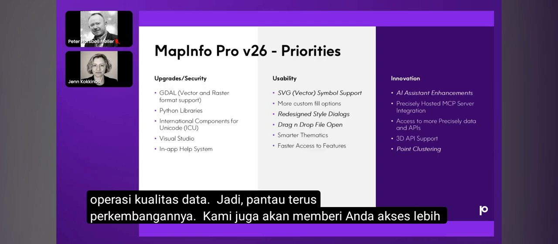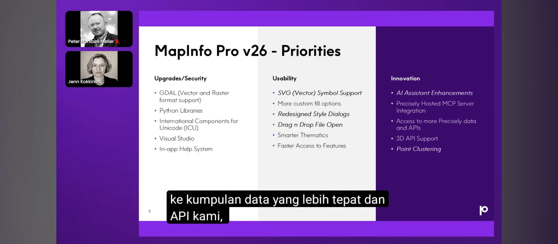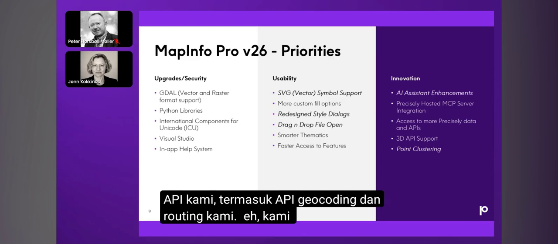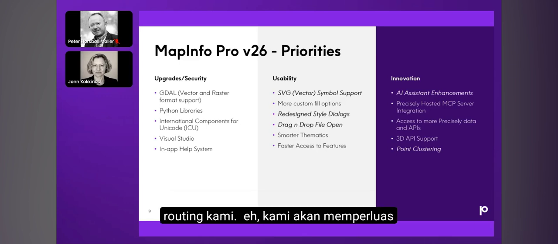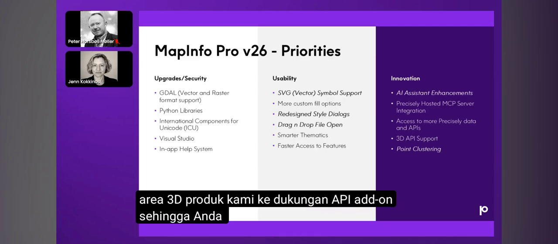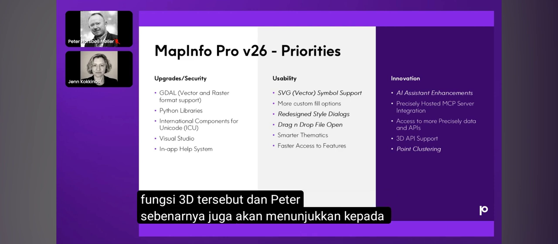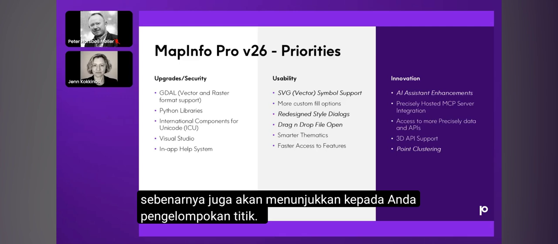We're also going to give you more access to Precisely data sets and our APIs, including our geocoding and routing APIs. We will be extending our 3D area of the product to add-ons API support there, so you can automate some of those 3D functions. And Peter's actually going to show you point clustering as well.